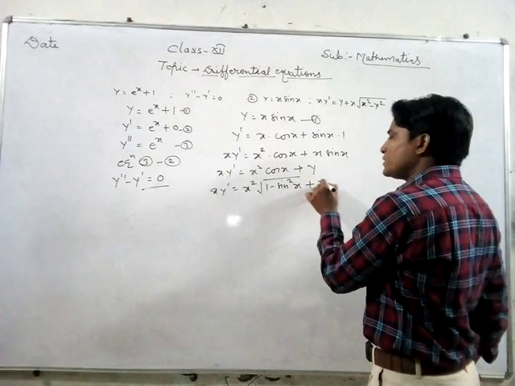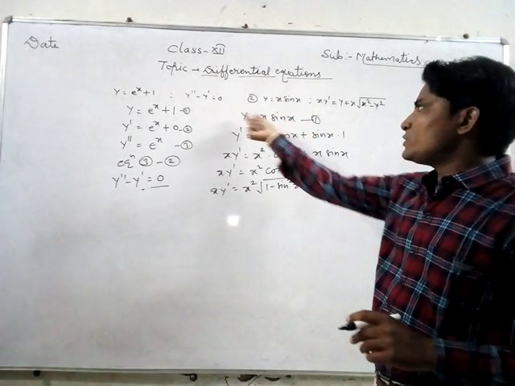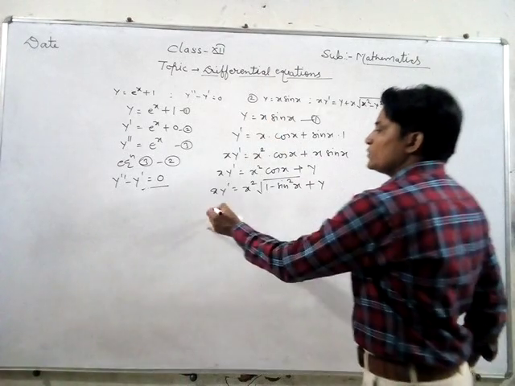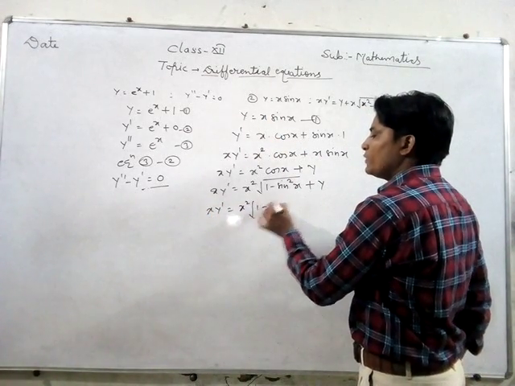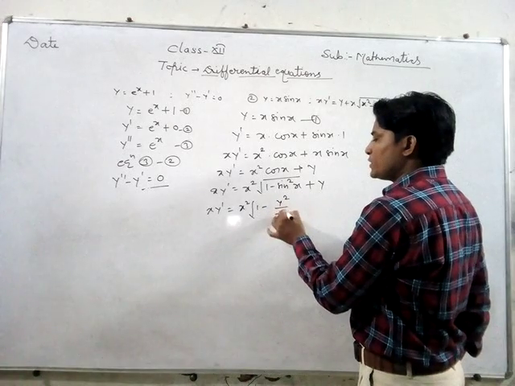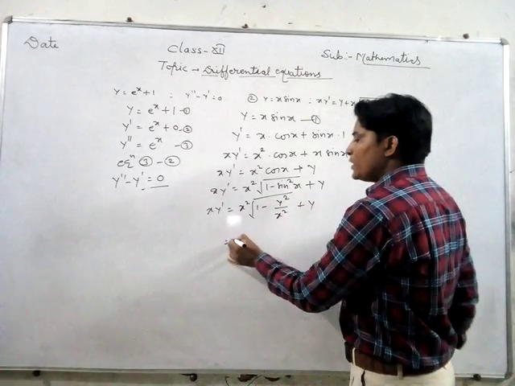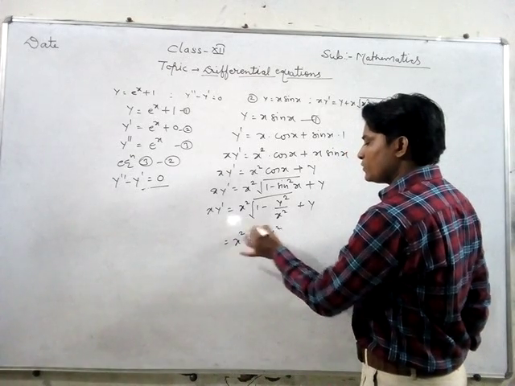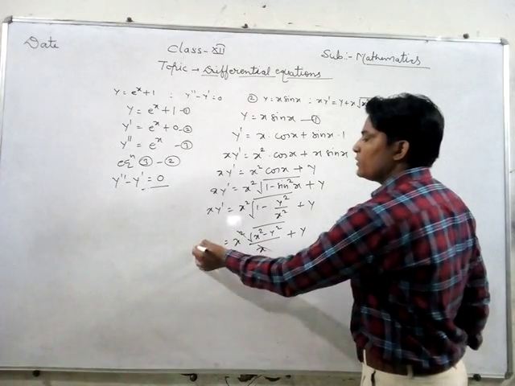And what is the sin x value? Sin x value is y upon x from equation number first. So here we put the values: x y dash is equal to x square under root of 1 minus y square upon x square, plus x sin x, which is y. If we take the LCM, then we get under root of x square minus y square divided by only x, plus y. X and x will cancel out.